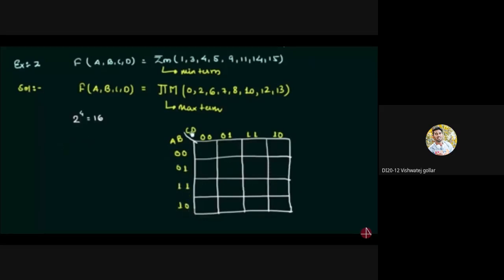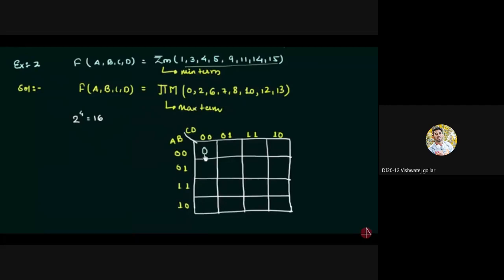Fine. Now it is time to fill up these cells. As the topic is K-map using the maxterm, I'm going to fill these cells with zeros. I'm not going to fill them using the ones. So at 0, this is your M0.